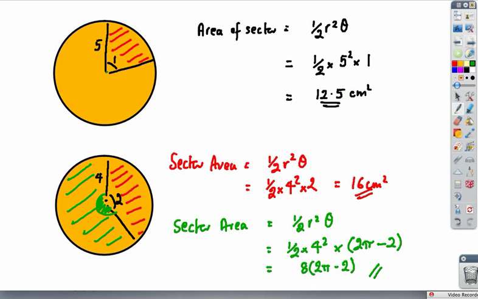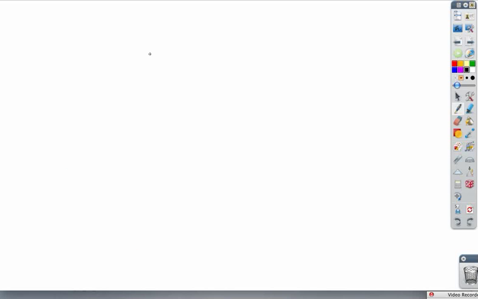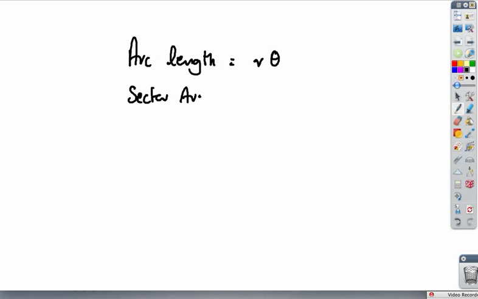So there we go. We have 2 very simple formulas. One, arc length, which is the radius times the angle in radians, and secondly we have sector area, which is a half radius squared times the angle in radians, never in degrees, and we have the equivalence that pi radians is equivalent to 180 degrees.